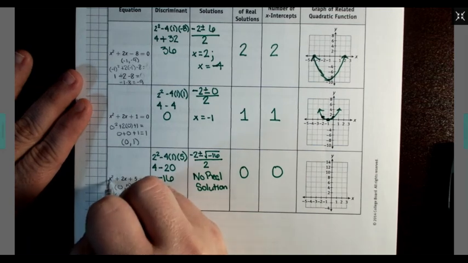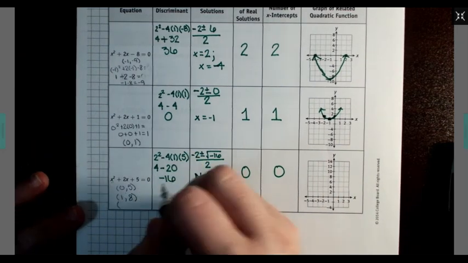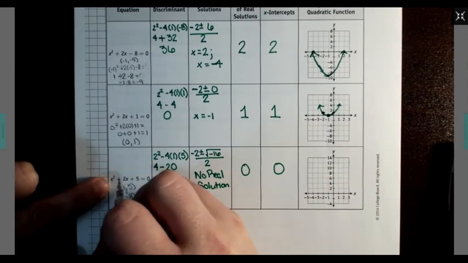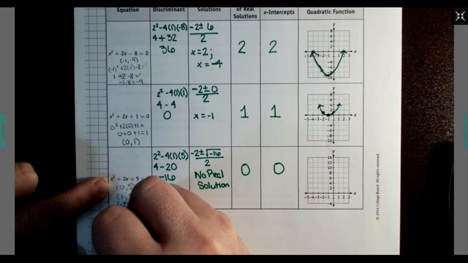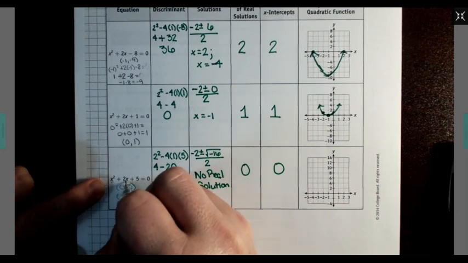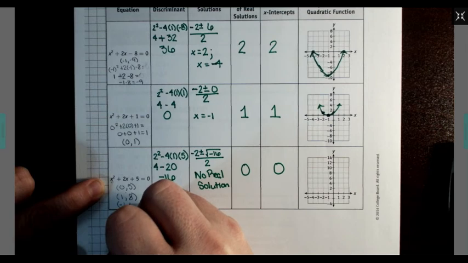Let's try negative 1. Negative 1 would give me 1 minus 2, which is negative 1, and negative 1 plus 5 is 4.